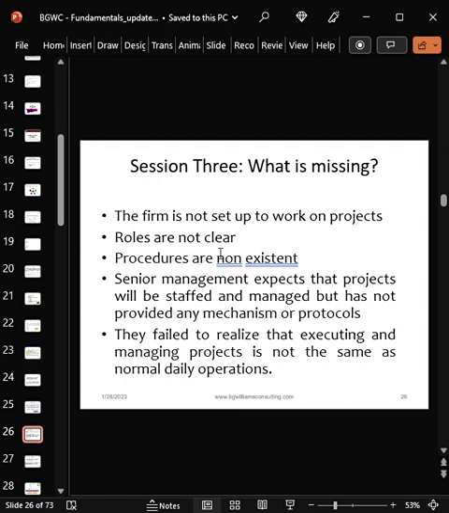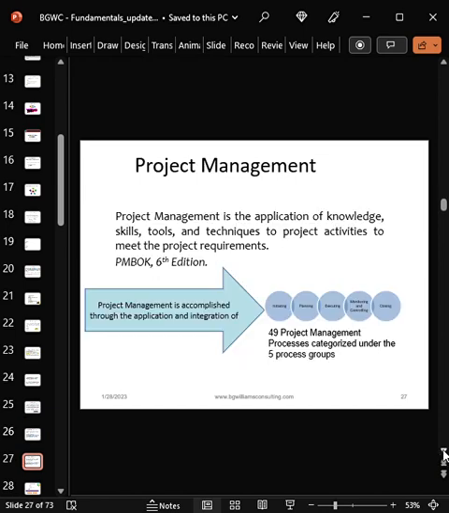What is expected is not clear. The procedures, everything about that particular project was not well laid out at the beginning. So the scoping of the project wasn't properly done, and what is expected for them to do, and several other things, which also lead us to the plan and lead us to why project management.